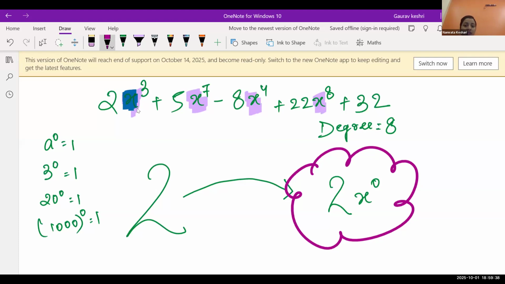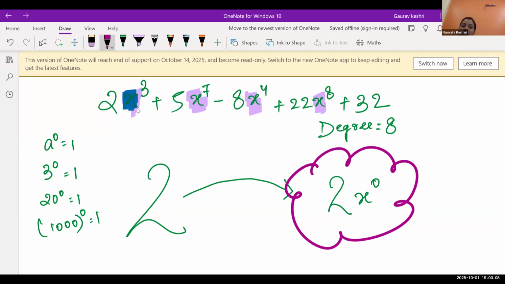Actual question was just 2, but we are taking it as 2x to the power 0, or maybe 2y to the power 0. Is that allowed in mathematics? Yes, it is allowed, because x to the power 0 means 1, and I am not changing the question. So 2 can be taken as 2x to the power 0.